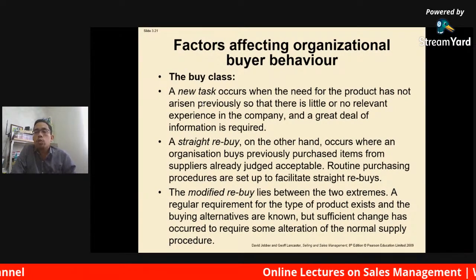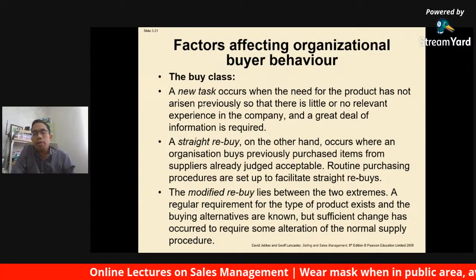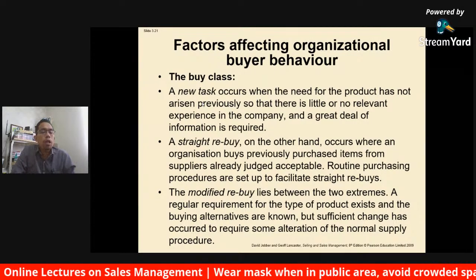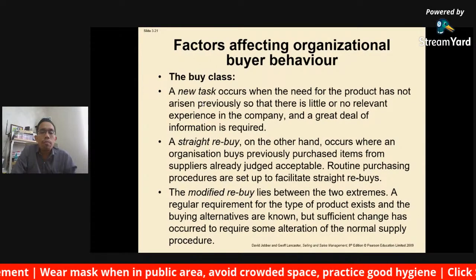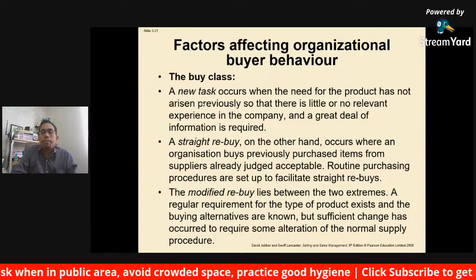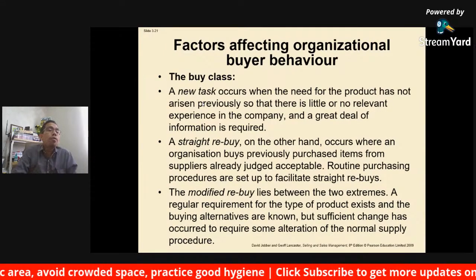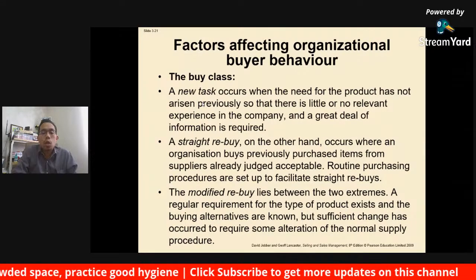Or if you want to change something in terms of requirement or specification, you want to customize your order, you consider it as a modified rebuy. Normally it involves a change in cost.